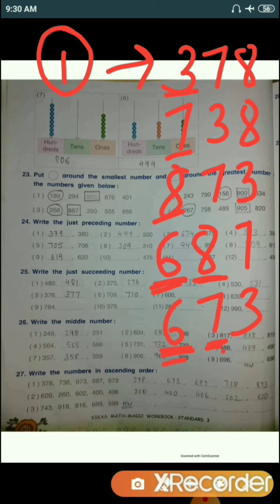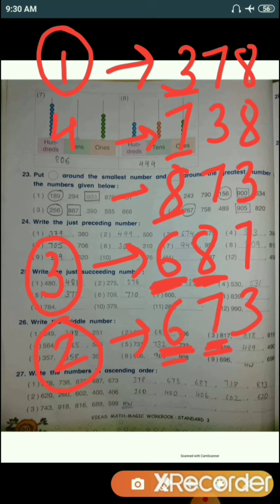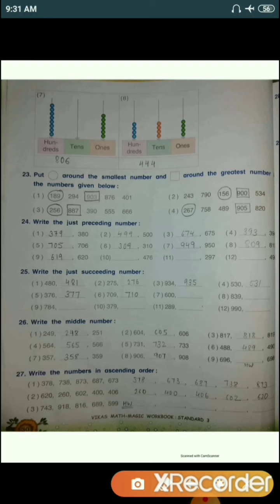Which one is the smallest? 7. So we'll put number 2 here, and after that 687 comes, so we'll write it here in third position. After 6, 7 will come, so we'll write 4 here, and then the greatest number is 873.